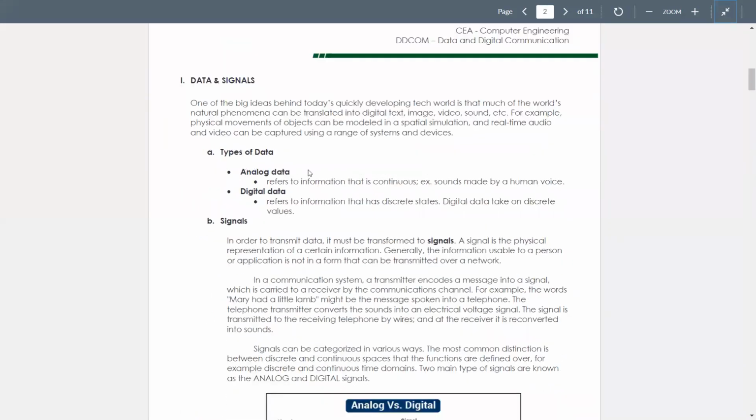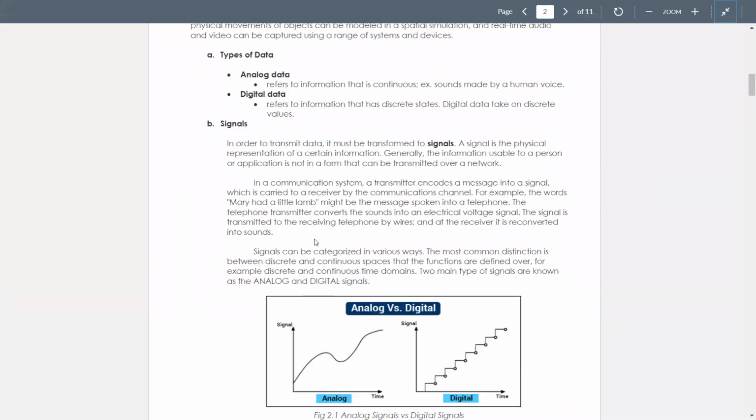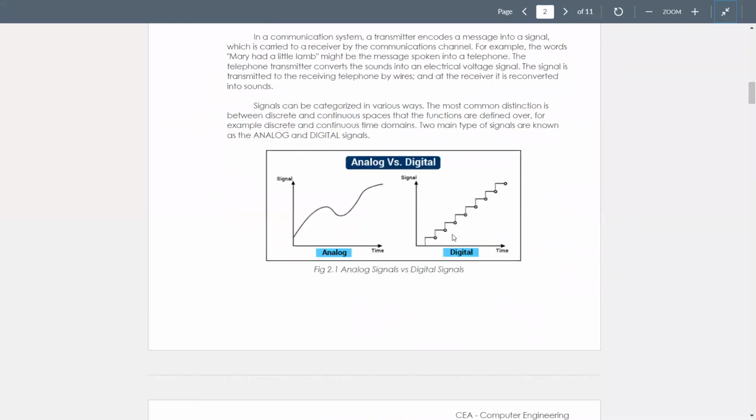Types of signals: we have analog data and digital data. Therefore, when it comes to signals, we have analog signal and digital signal. As you can see, these are the differences between them.